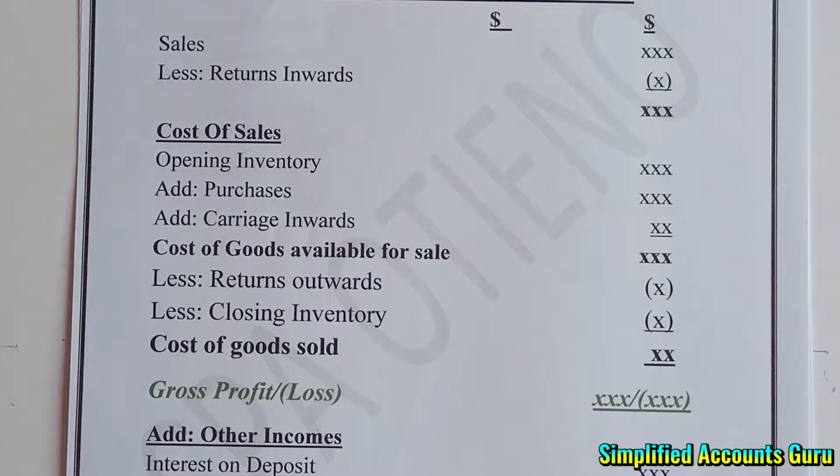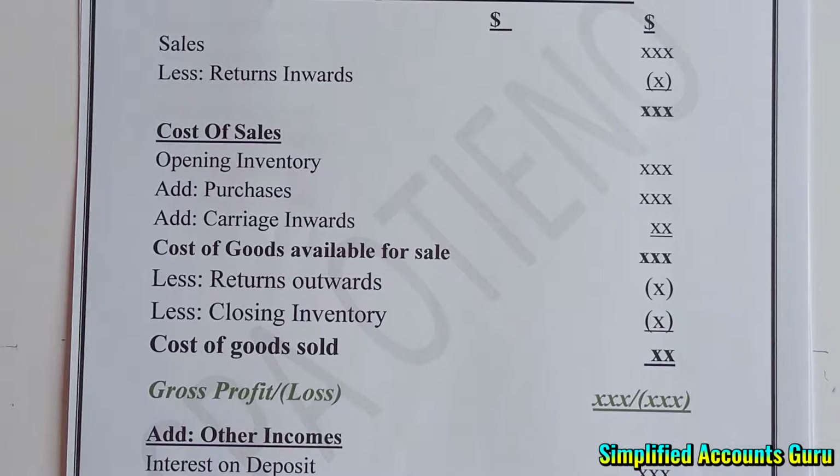Returns outwards refers to the value of goods that have been returned back to the supplier after the purchases had been made. Then we also have the closing inventory. So now, when you pick the opening inventory plus purchases plus carriage inwards and then you less the returns outwards, then you should be having the cost of goods now available for you that you can sell.